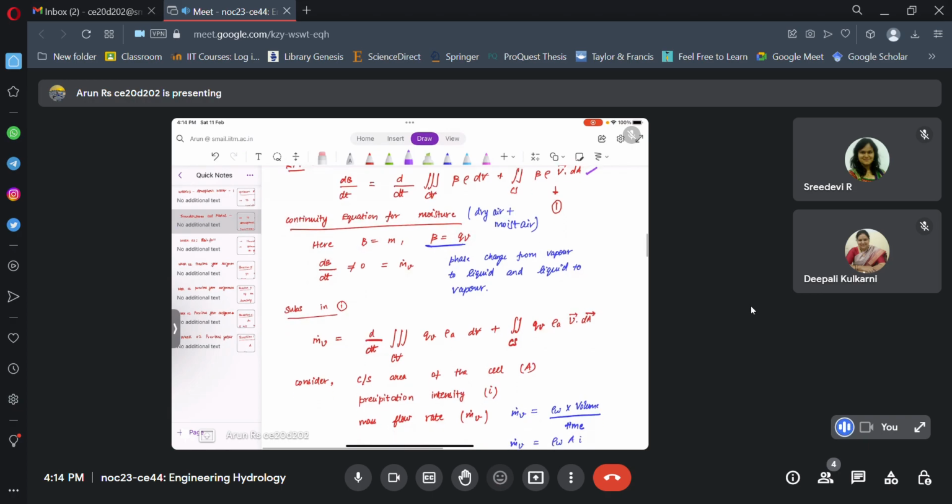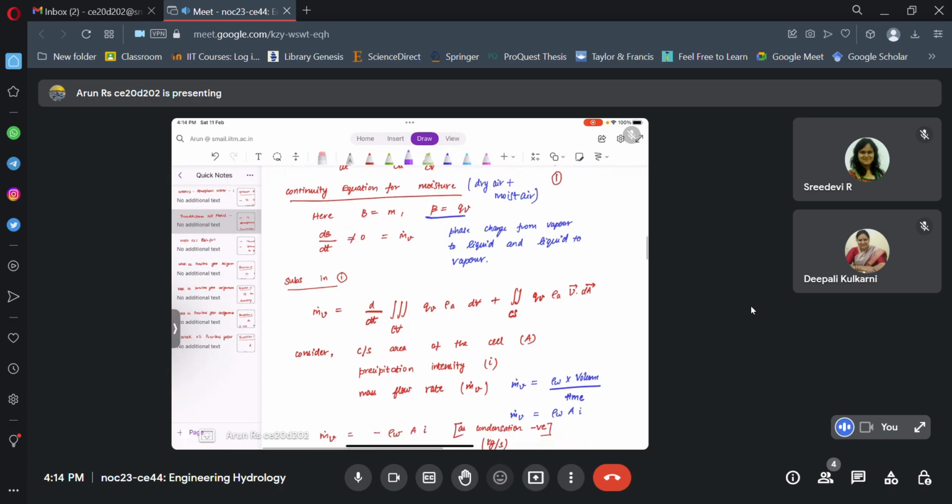So if we recall, for moist water vapor we have the continuity equation. In this, the extensive property is basically the mass, and here the intensive property, which is beta, is not equal to 1 because we have a phase change from one phase to another. So water vapor basically changes from vapor to liquid and then it changes from liquid to vapor again.